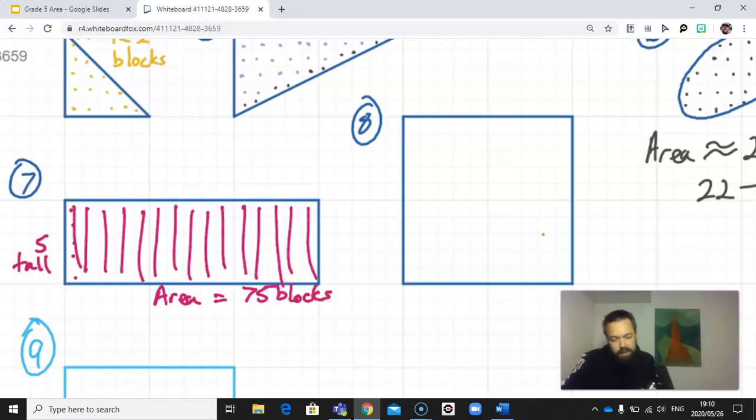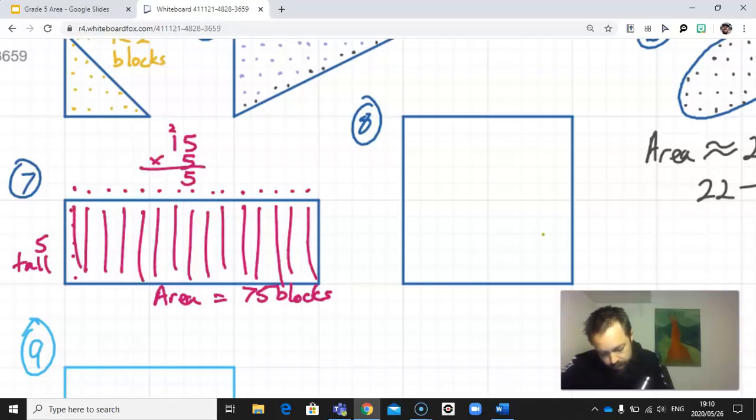But let's count how many blocks long it was. 1, 2, 3, 4, 5, 6, 7, 8, 9, 10, 11, 12, 13, 14, 15. So there were 15 rows of 5 blocks in each row. So what if I said 15 times 5? 5 times 5 is 25, carry 2. 5 times 1 is 5, plus 2 is 7.